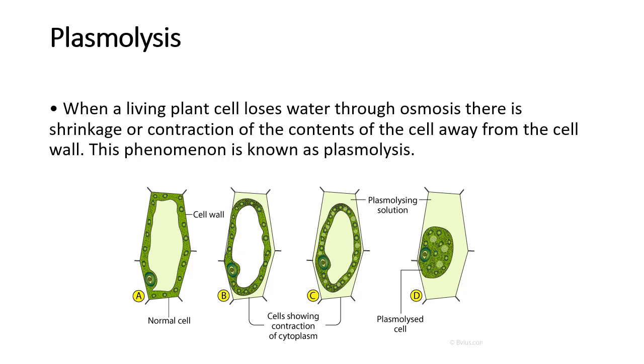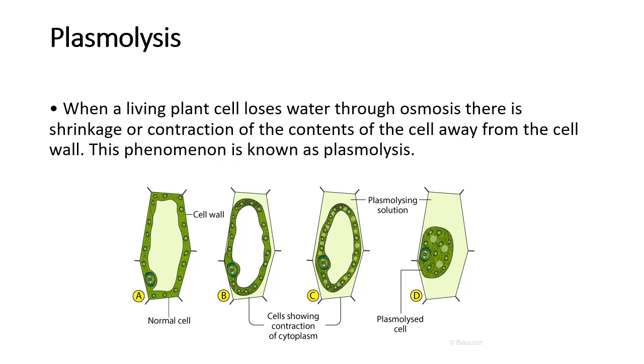Plasmolysis process. When a living plant cell loses water through osmosis, there is shrinkage or contraction of the contents of the cell away from the cell wall. Okay, we'll see this. Shrinkage of protoplasm away from the cell wall of a plant cell or bacterium.